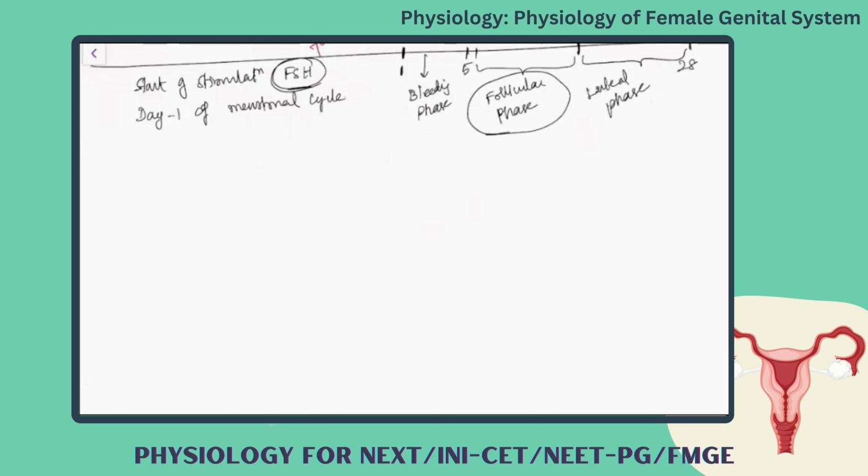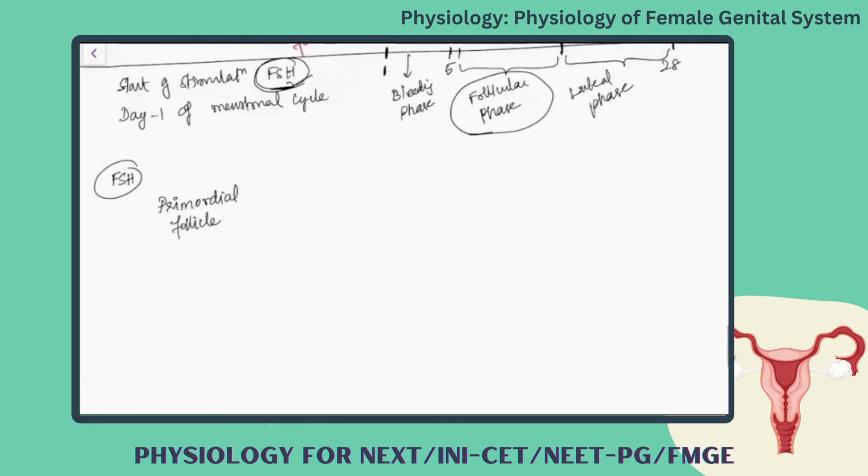So in the follicular phase, first, what happens before that? The menstruation is followed by the stimulation of FSH. Where is it stimulating? The FSH is stimulating the primordial follicle in the ovary. Okay, that is the follicular stem cell.